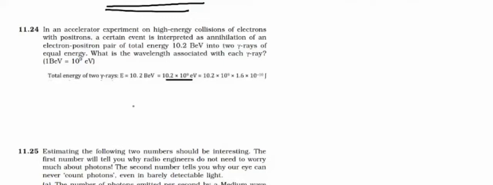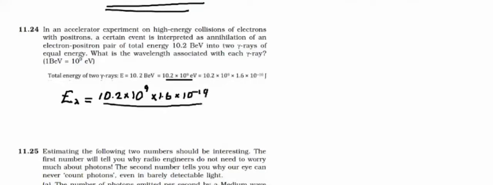So here energy is given. The energy associated with each gamma ray is equal to 10.2 into 10 power 9 electron volt. You have to convert electron volt into joule, that is 1.6 into 10 power minus 19, divided by 2.